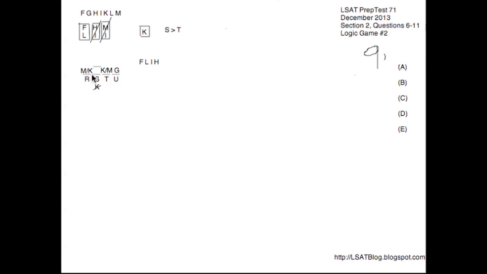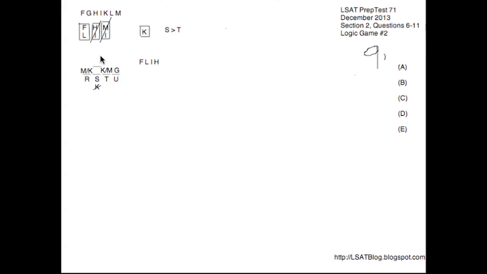So we don't know whether M goes to R or K goes to R, and same goes for T, but we know that those 2 columns are being occupied solely by K and M. The remaining variables are F, L, I, and H. We know that F and L have to go together due to the second rule, and we know that I and H cannot go together due to the third rule. So we're going to have F and L with one of I or H in order to ensure that I and H don't end up together elsewhere.